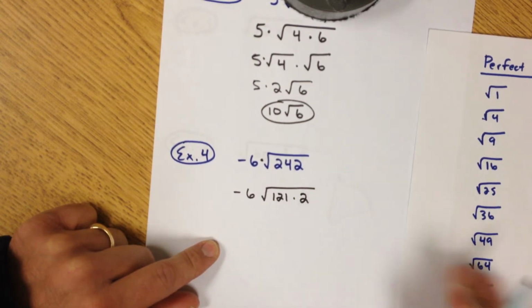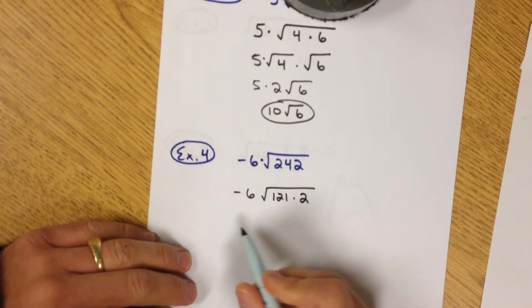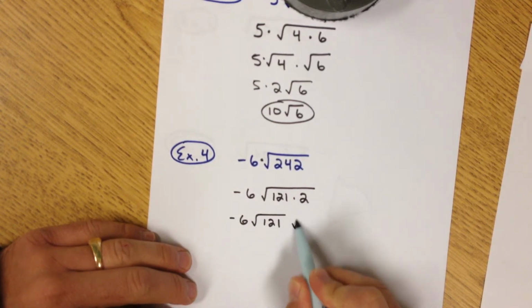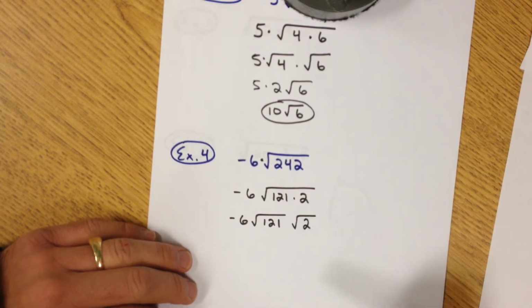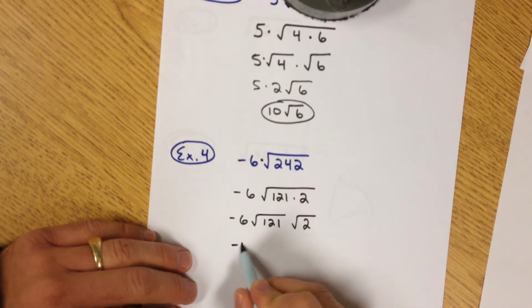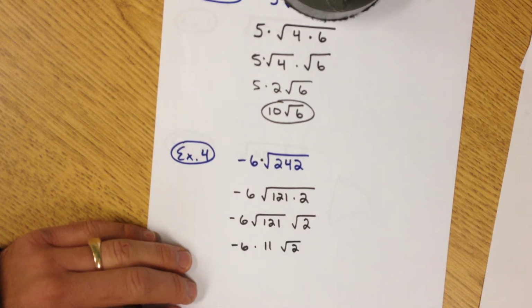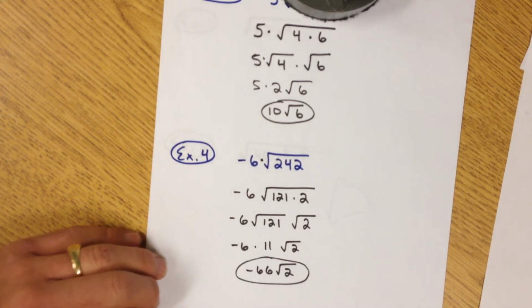The square root of 121 is just 11. The square root of 2 is a decimal, so I'm going to leave that there. So negative 6 times 11 times radical 2, I end up with negative 66 radical 2.